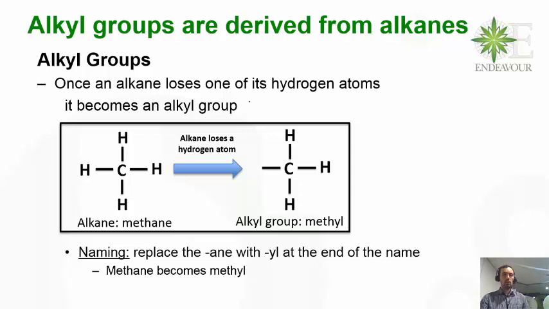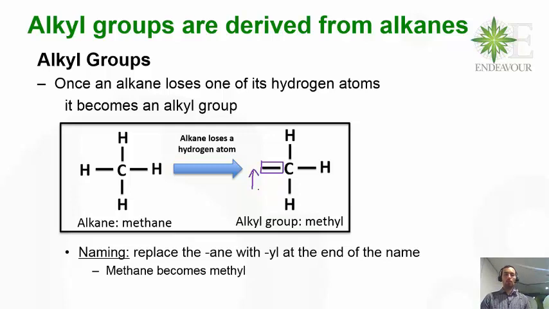So the significance of an alkyl group is that because it's lost one of its hydrogen atoms, it can actually attach to something else, because it's got a spare bonding position, which we can see on the right hand side here. Once the methane compound in this case has lost one of its hydrogen atoms, it's now got this spare position where it can bond to something else.